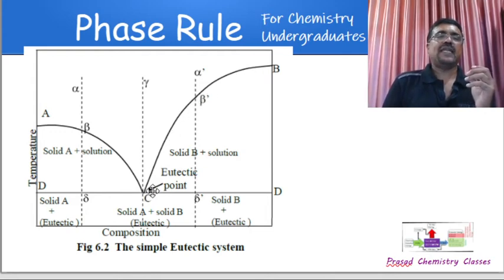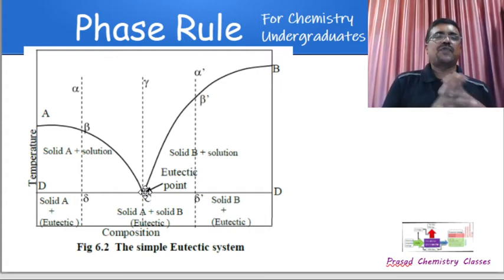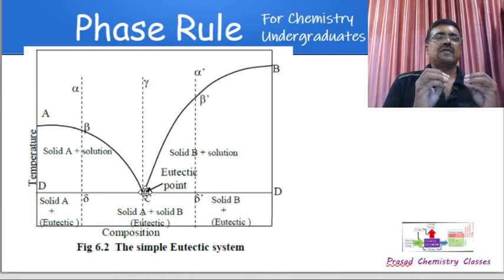And they meet at a particular point, and there we have the liquid phase, solid A as well as solid B. That mixture is what we call the eutectic mixture, and the eutectic mixture has the lowest melting point. Along the curve AC, solid A is in equilibrium with solution.